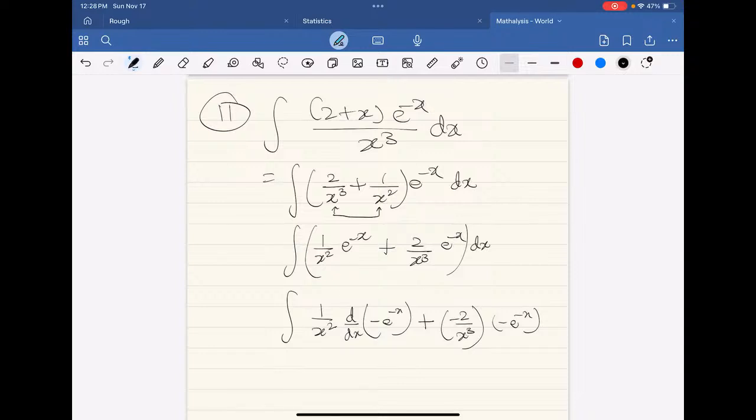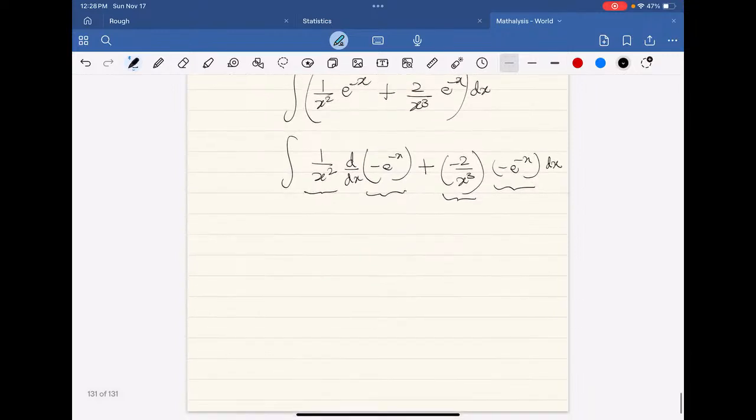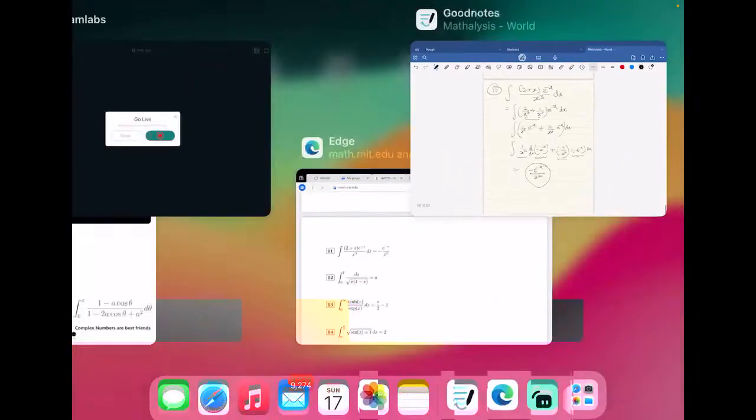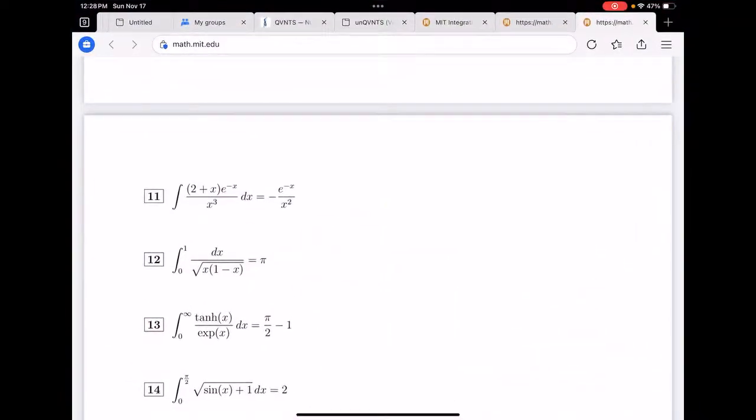This is basically the derivative of the product, because this is also related to x, right? Now guys, this is u times the derivative of v plus the derivative of u times v, so the answer should be negative e to the power negative x by x square. I think that should be the answer, right? Yeah, negative e to the power negative x by x square.